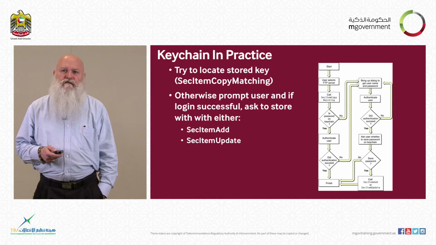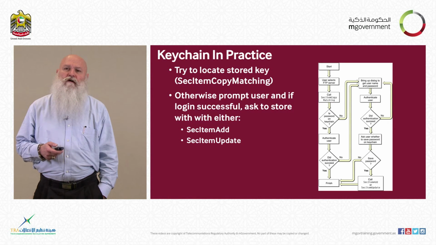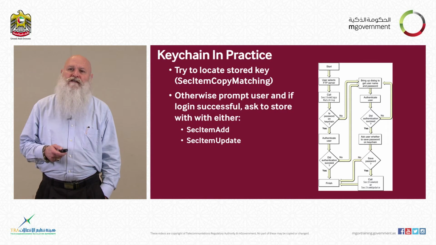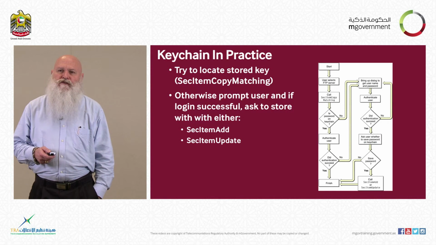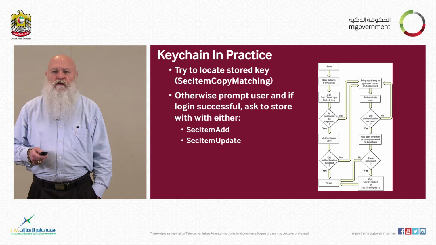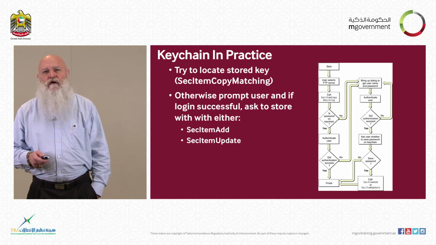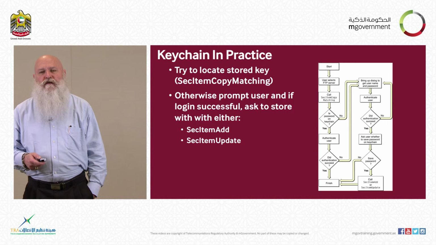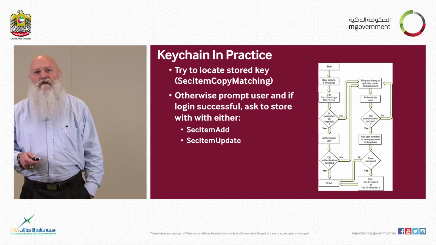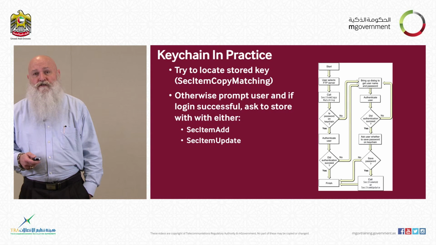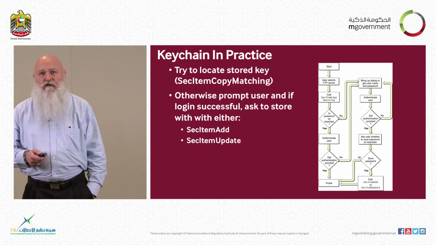If there is not a previously stored login and password, or if that attempt is not successful, the keychain will prompt the user for their login and password, and then again attempt to authenticate to the remote service. If that's successful, the keychain will prompt the user asking for permission to store the login and password, store it, and return control to the user.